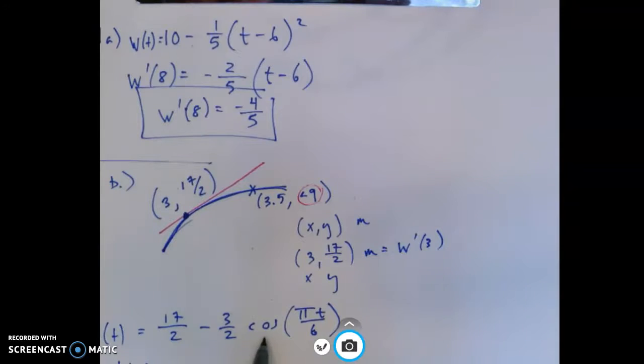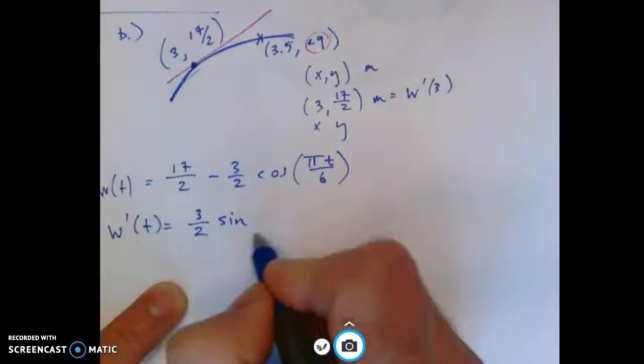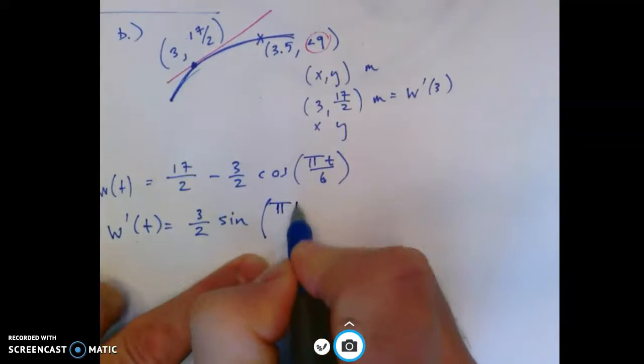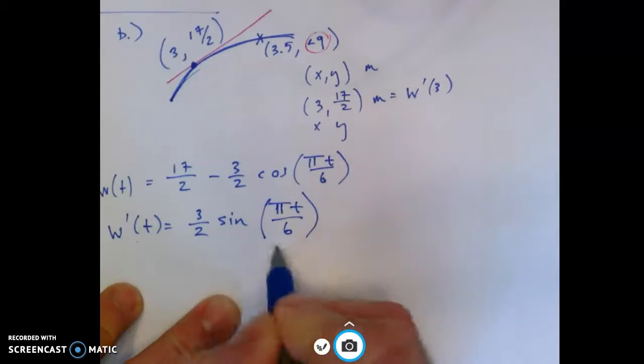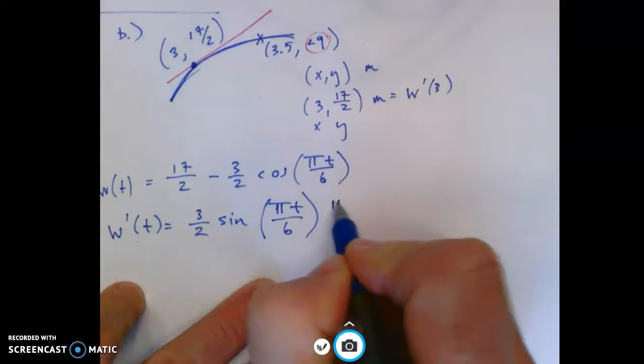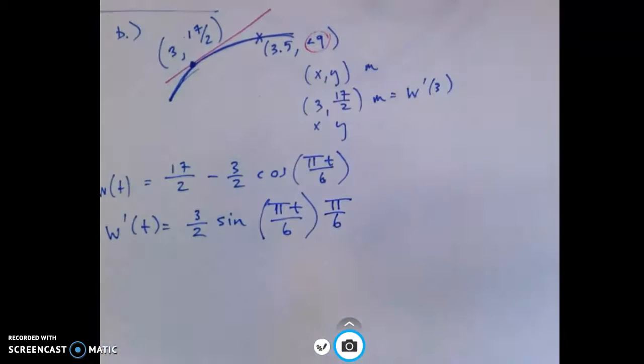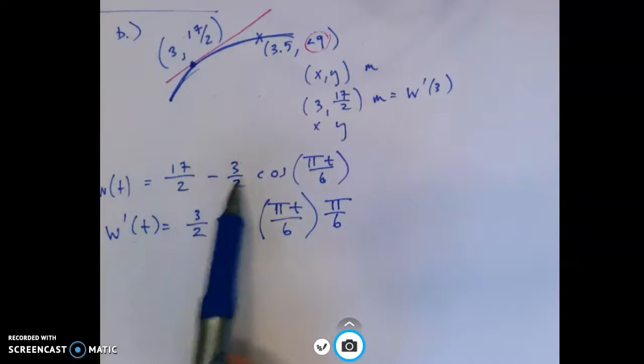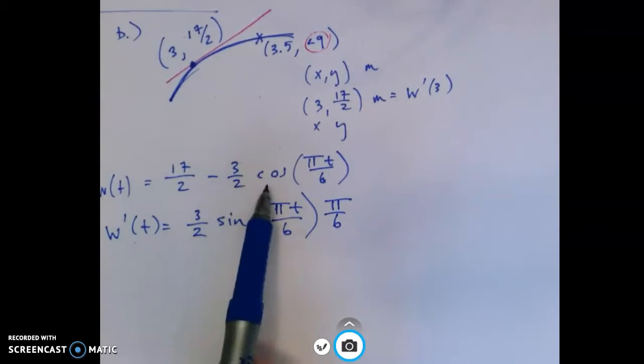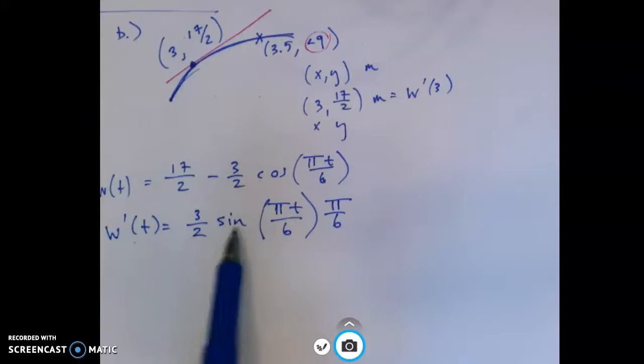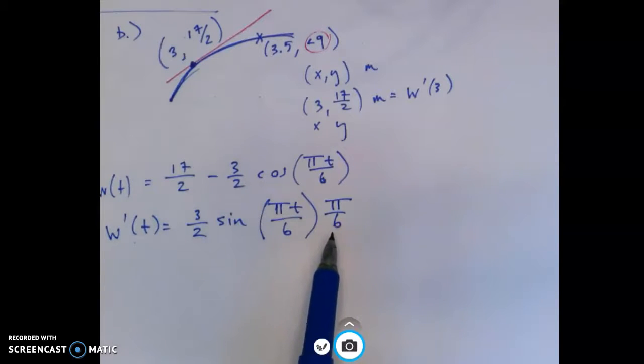The derivative of cosine is negative, so this becomes positive 3 halves sine, normal inside, times the derivative of the inside. So it's simply pi over 6. So there's our derivative. Our 17 halves goes away. This becomes positive because the derivative of cosine is negative sine. Normal inside times derivative of inside. Now we evaluate this at 3.